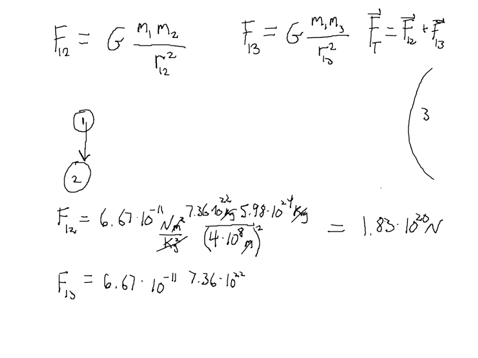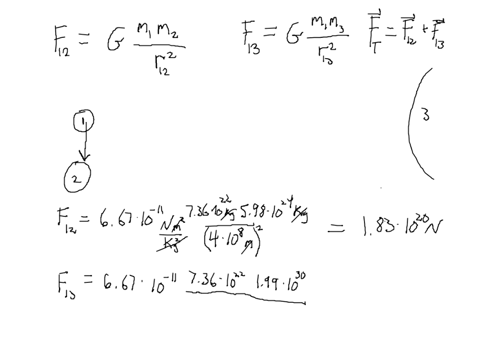We need the mass of the sun, which we will look up. The mass of the sun is 1.99 times 10 to the 30 kilograms.